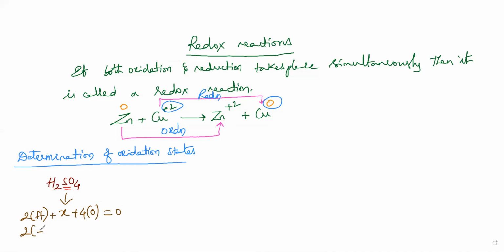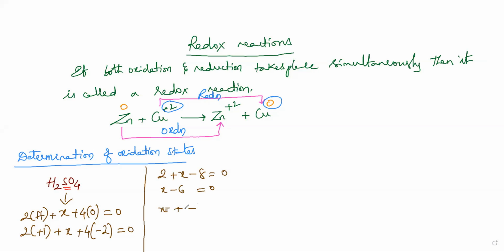What is the oxidation state of hydrogen? +1. Plus X, plus 4 into oxygen oxidation state, -2. Then 2 plus X minus 8 equal to 0, X minus 6 equal to 0, X equal to +6. What is the oxidation state of sulfur in that compound? +6. Okay.